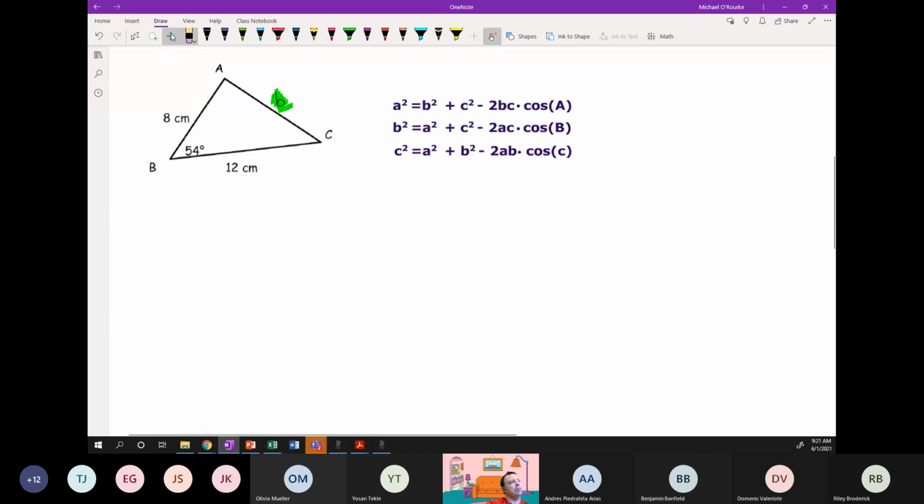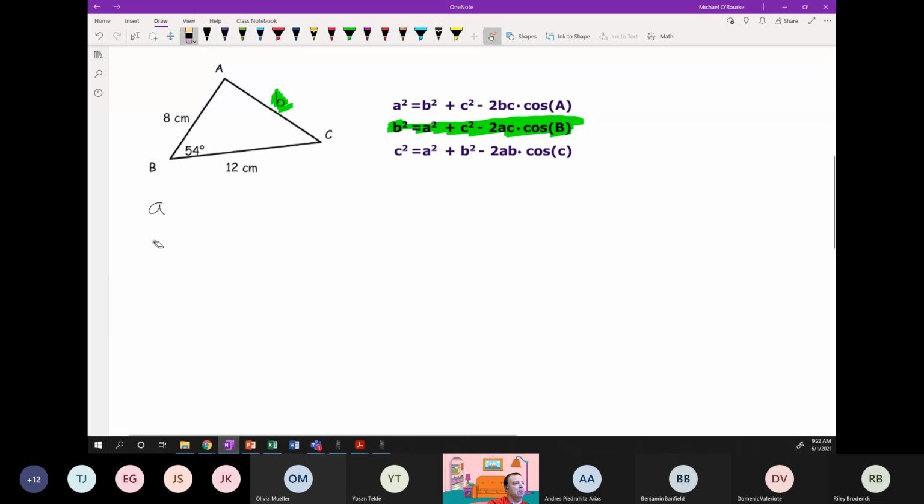Now, we have to look at here is, so we're trying to find B. So I'm going to use this equation right here. So I'm going to write on the side here what all my values are to start. What's my A side? What's my B side?